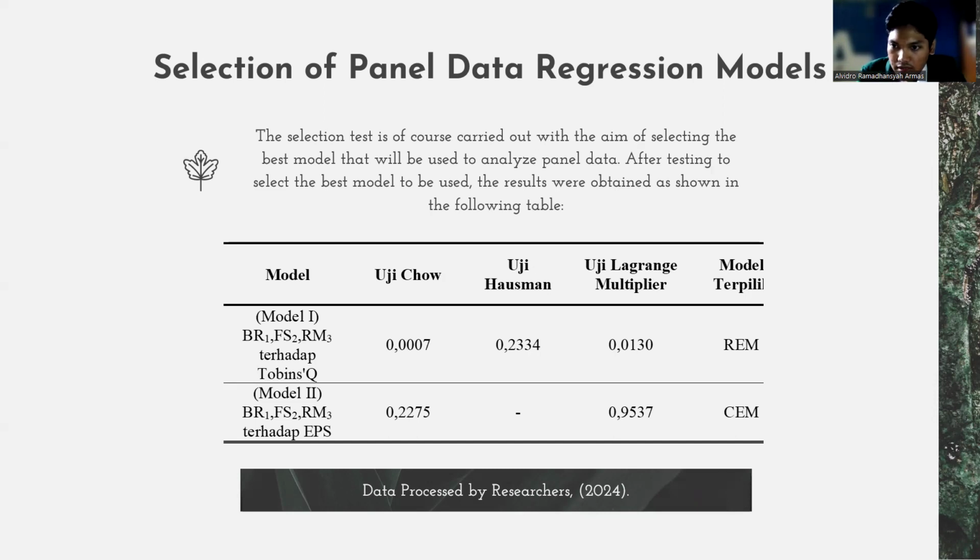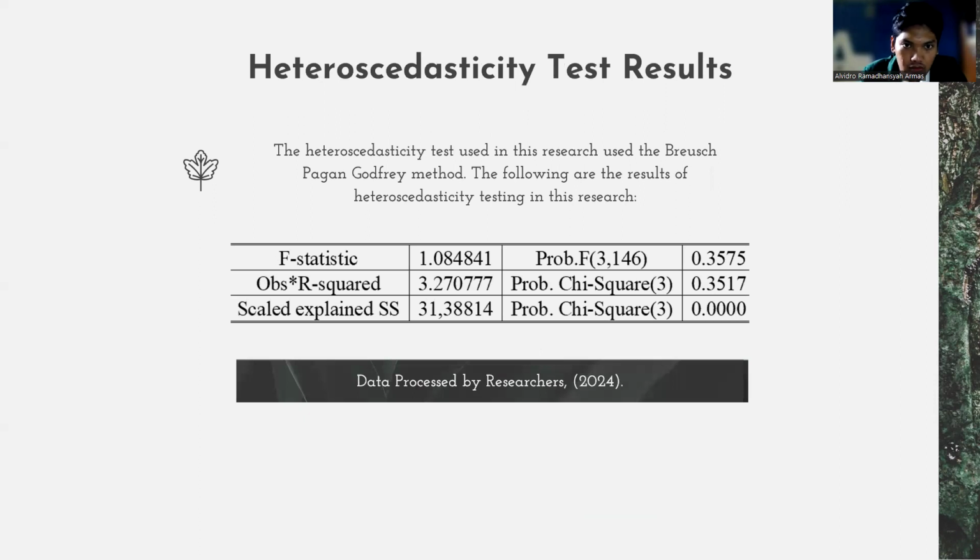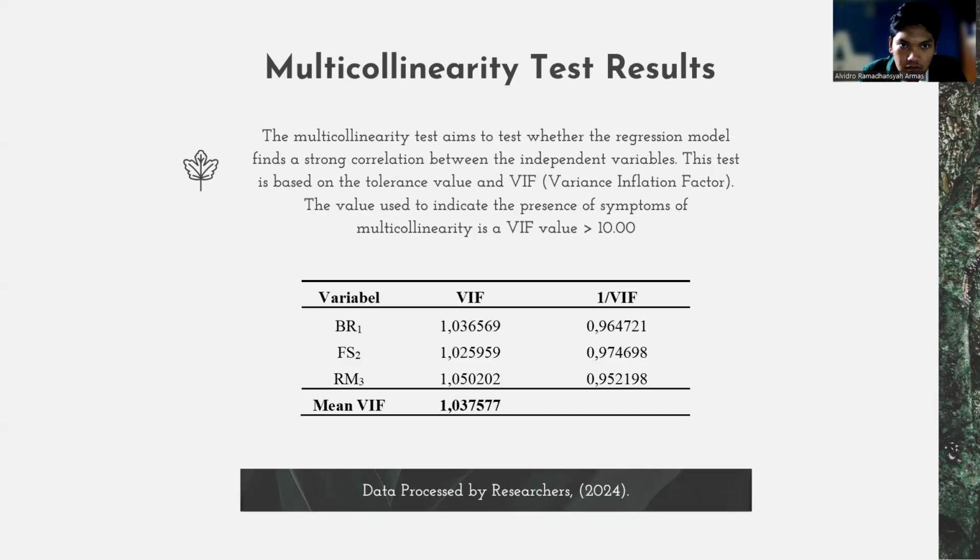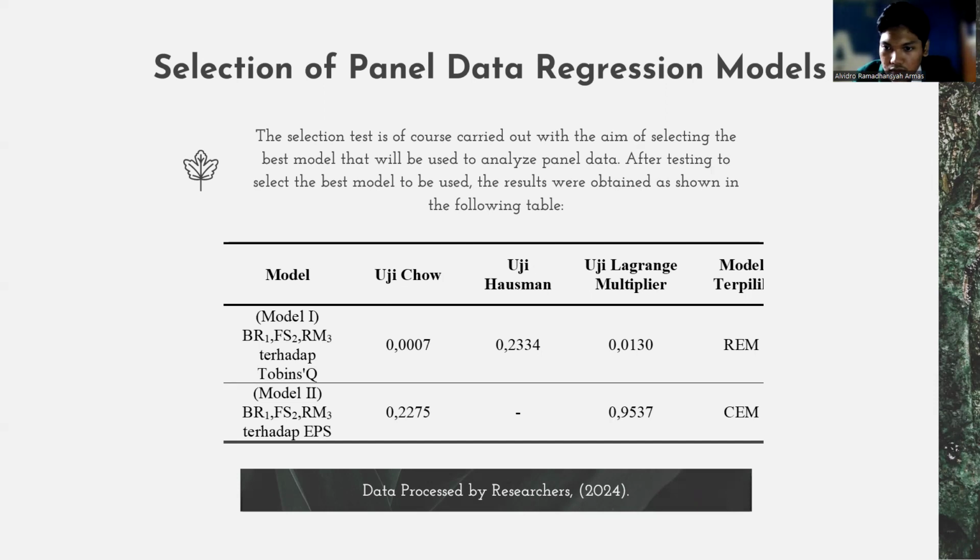Then for the next one, the result for the panel data regression that uses EPS. The result of selecting the data model for the company value variable with the EPS proxy gives a different result to the company value variable proxied with Tobin's Q. For the EPS proxy, the selected model is the CEM model.